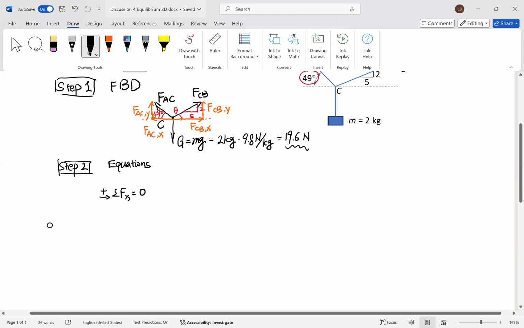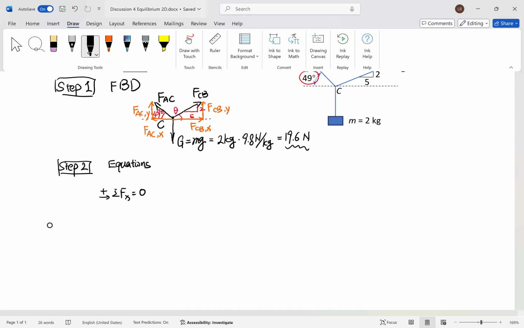So now, looking along the horizontal direction, what are the components that we have? We have FACX. How can we find FACX here? We see that FACX is a side of the force triangle formed by FACX, FACY, and FAC.